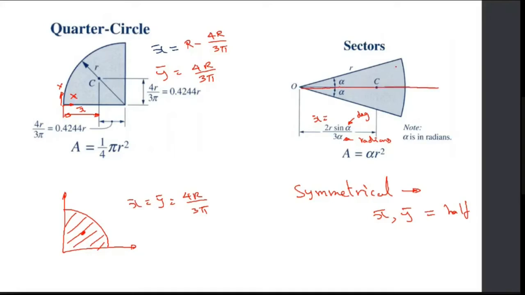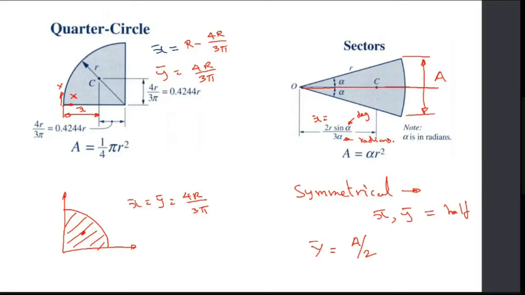We can see that it is symmetrical about the x-axis, the top and the bottom are the same. So y bar is common. If this distance is a, then my y bar will be a by 2, the total distance by 2.